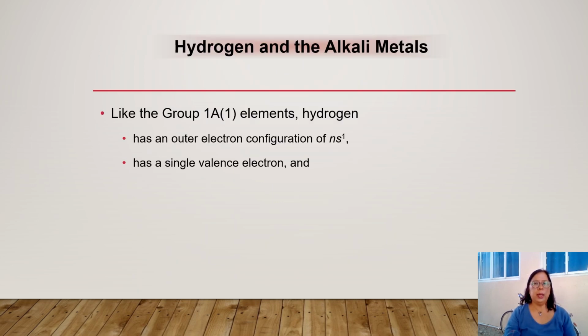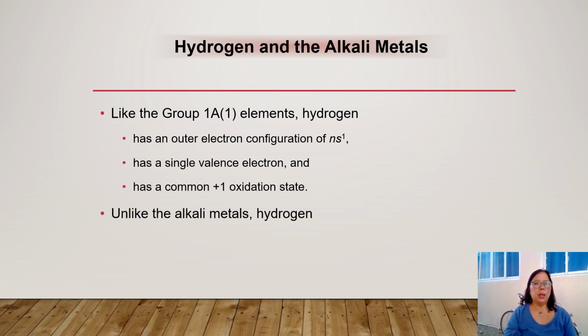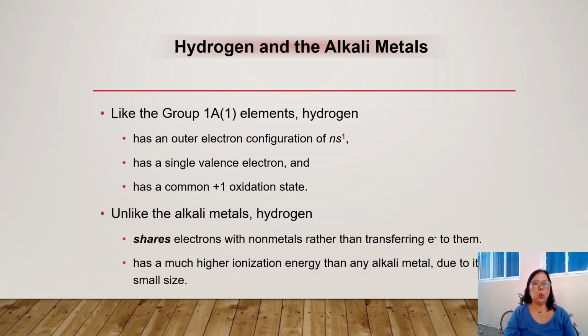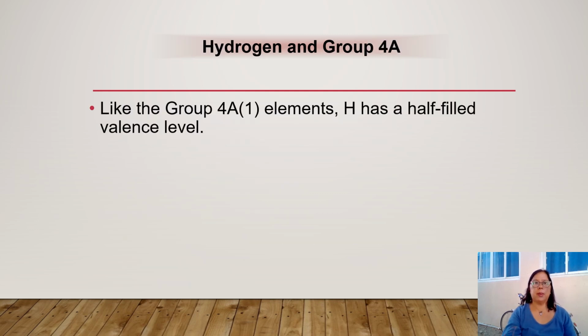Like group 1A elements, hydrogen has an outer electron configuration of s1, has a single valence electron, and of course has a plus 1 oxidation state. Unlike the alkali metals, hydrogen shares electrons with nonmetals. And hydrogen has a much higher ionization energy than any alkali metal because of its size.